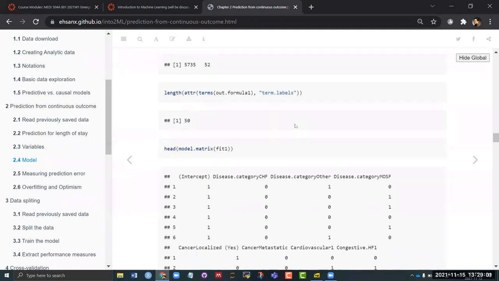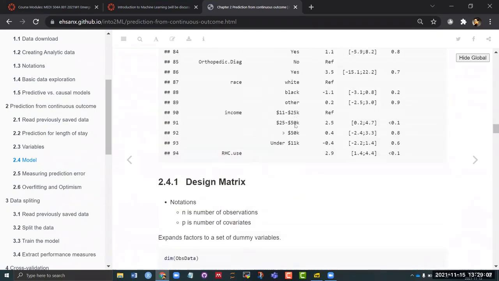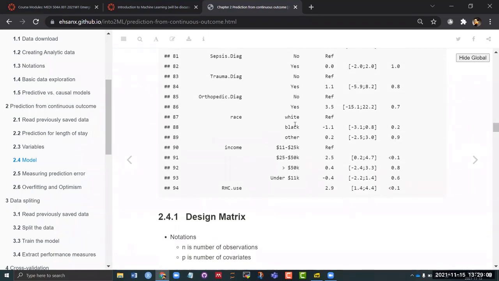But not quite that, because some of the variables are dummy variables, right? Remember in the regression, we had, for example, the income variable. And the income variable had different levels, right? Under 11K, over 50K, and in between. So in here, I have 4 different levels within income.